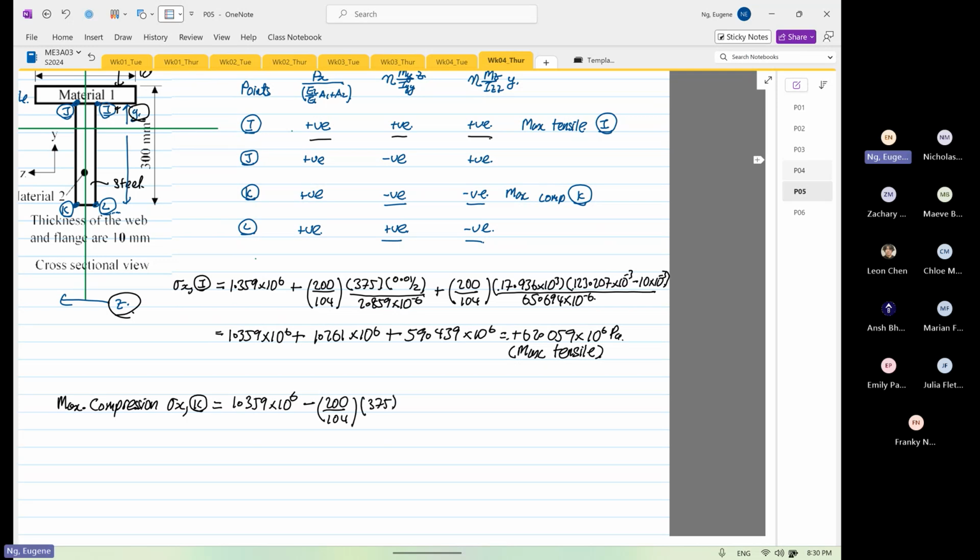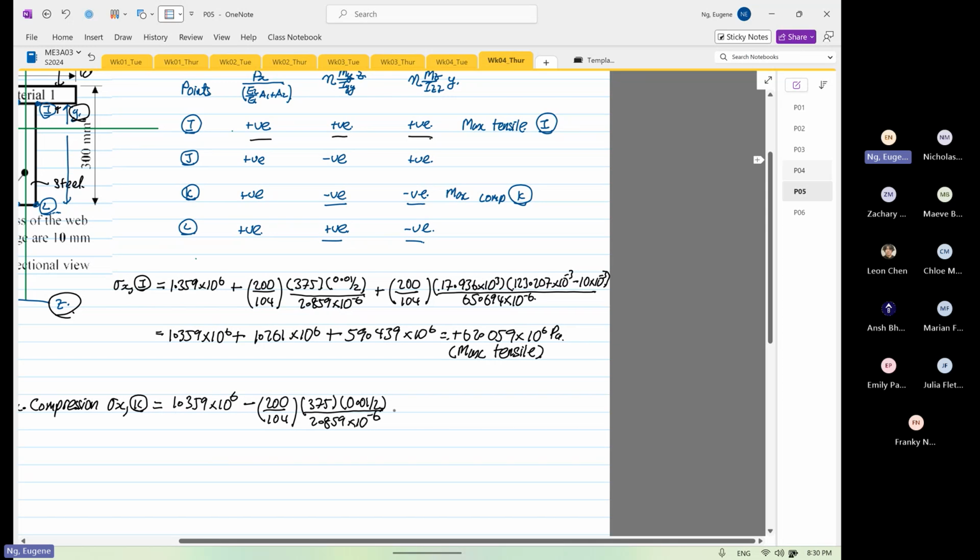Now the Z distance for point K is still the same. So 0.01 divided by 2, and then divide by 2.859 times 10 to the power minus 6. It's still the same because the Z distance is still the same for both.